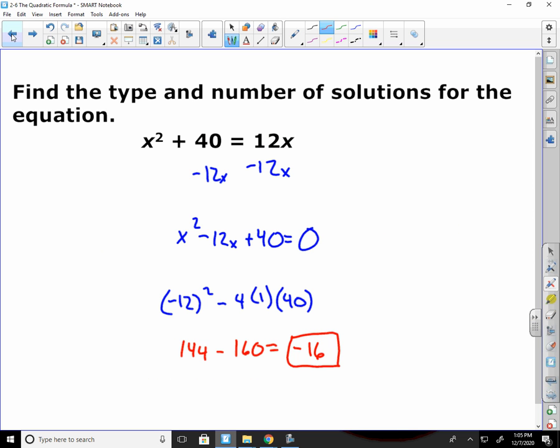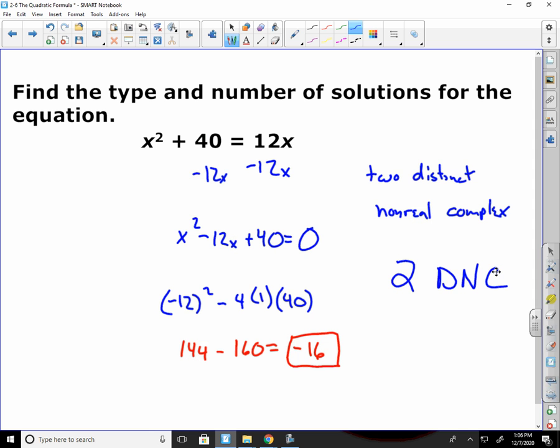Two distinct non-real complex. And I realize that's a lot to write, but you could just do 2D and C, and that works for me.